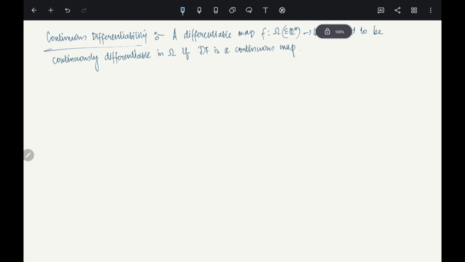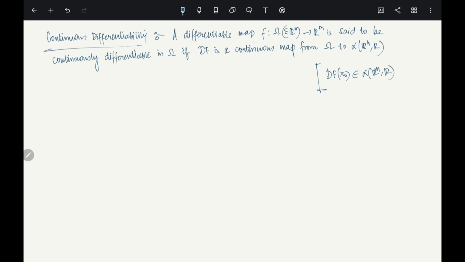What I mean by this is, let's say x naught is any point in omega. Then df at the point x naught is nothing but a linear map from Rn to R, for any x naught in omega.